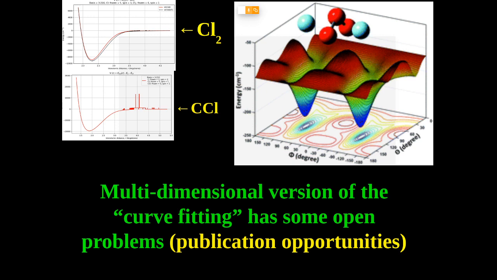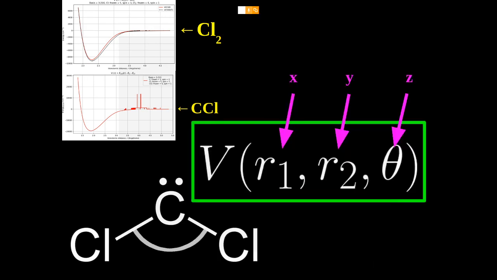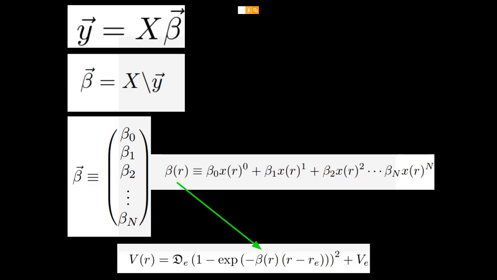Now, I have expertise in all of the areas, and I know how to solve this problem, but there's a reason why it's taken until 2023. We still have some open problems that need to be solved here, and that's why, with enough training, everyone here, you all understand how to make diatomic potential energy surfaces. You all understand how least squares fitting works.